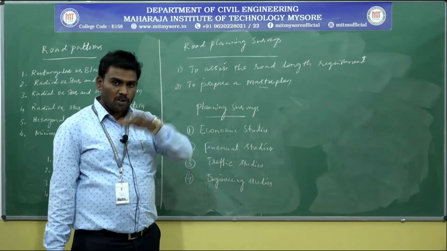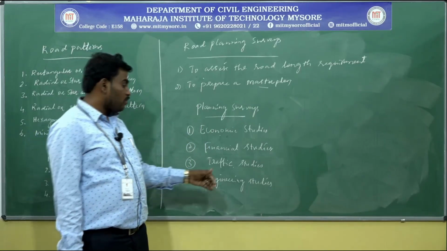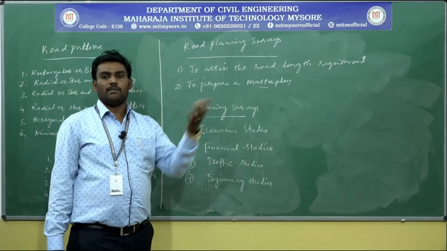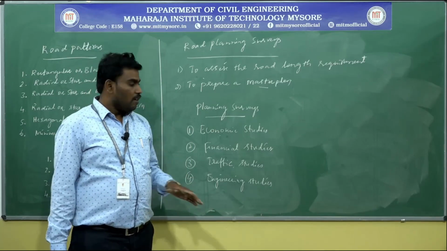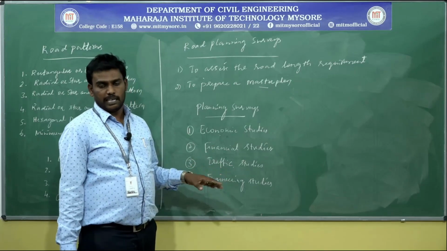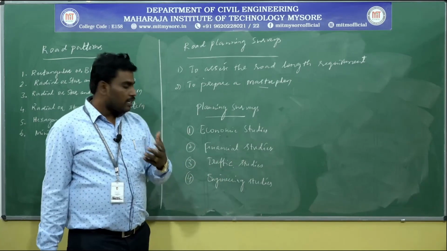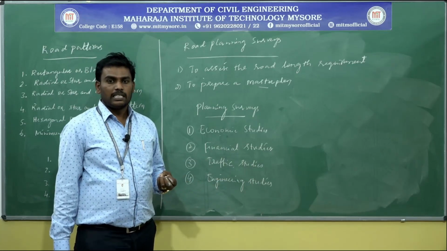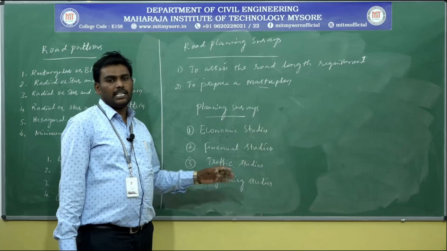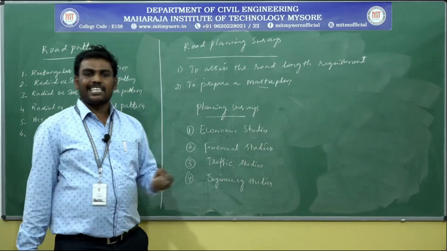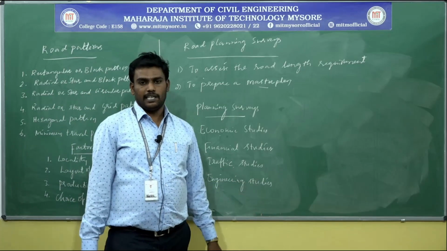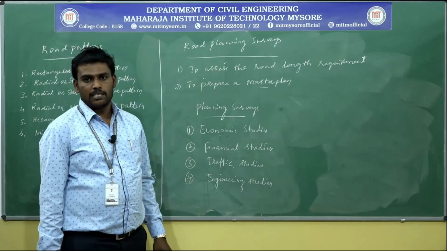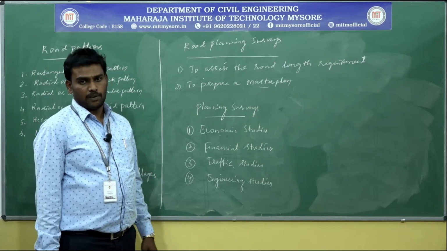Means what type of topography is in the respective locality, what type of soil is there, what type of materials are available for construction and for maintenance work, and what kind of labor is available for construction. These are the things you are going to collect in the engineering studies. Okay, this is regarding the planning surveys.